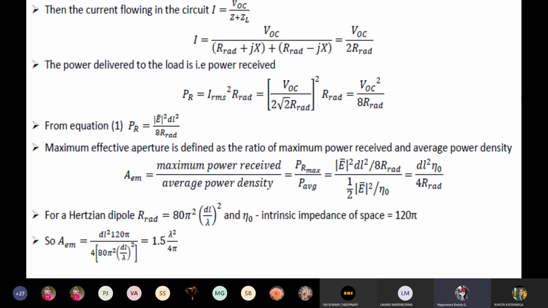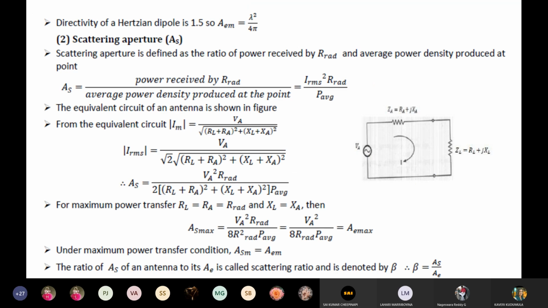Since the directivity of a Hertzian dipole is 1.5, the effective aperture is equal to lambda squared by 4 pi.